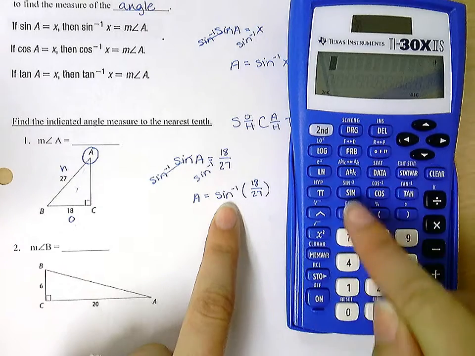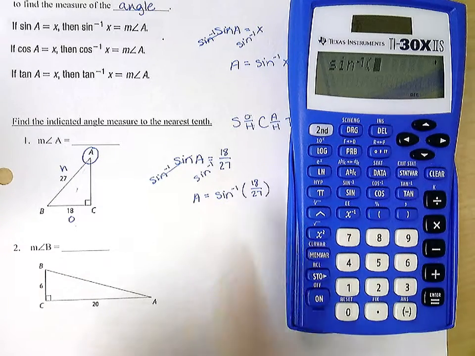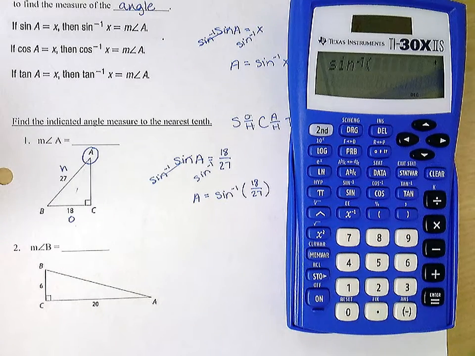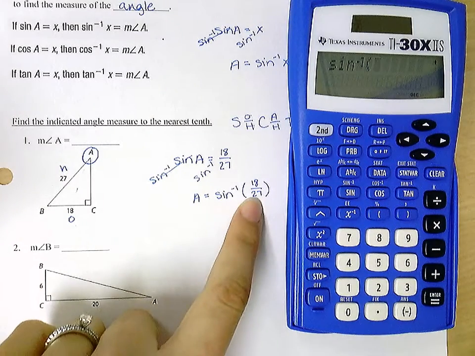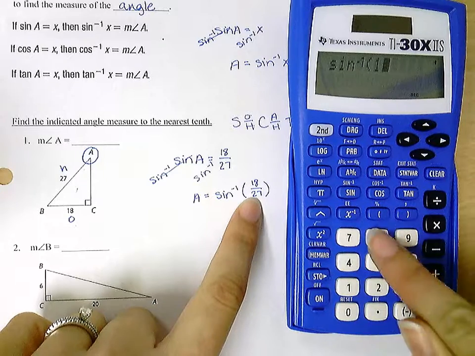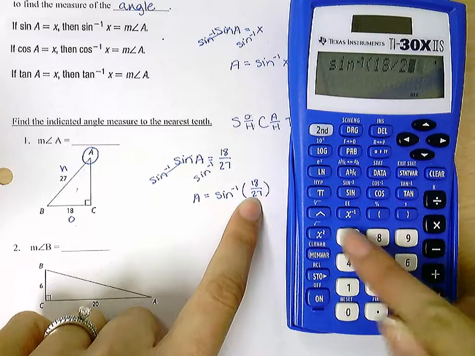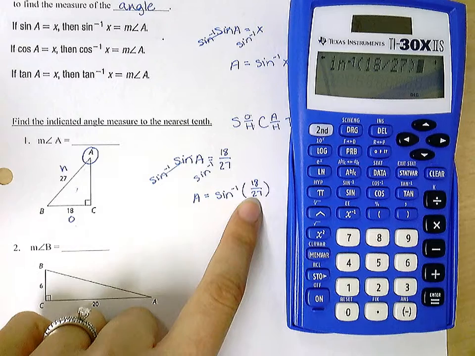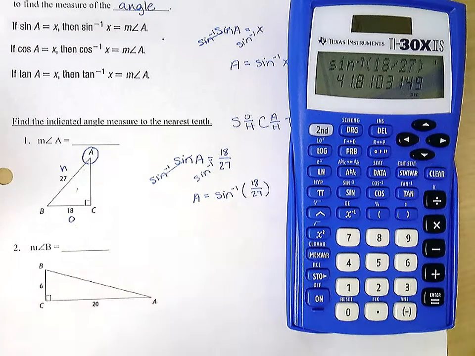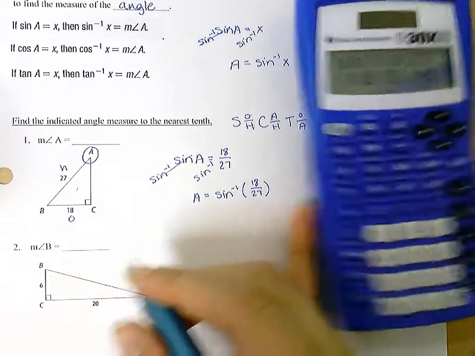So when you press second and then sine, your inverse should pop up. So that should say sine inverse, and then all you have to type in is your fraction here. So 18 divided by 27, and then press equals. Okay, so in this case, my angle measure is going to be equal to 41.8.